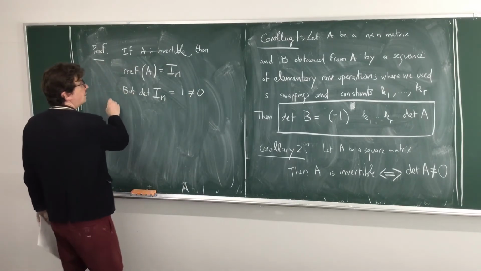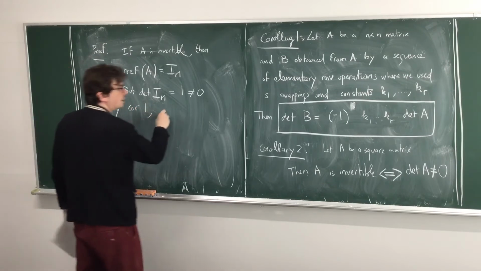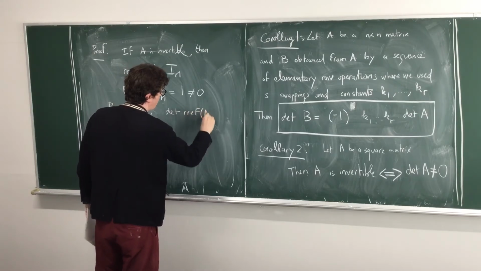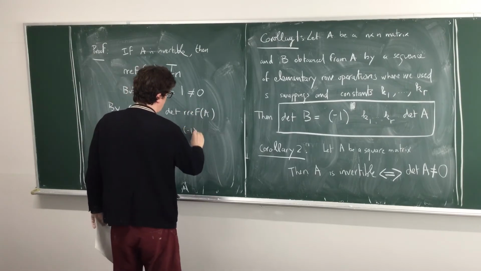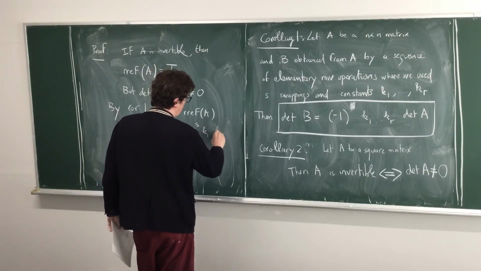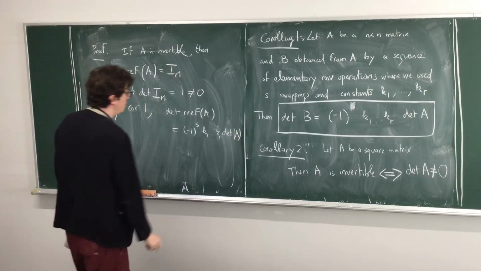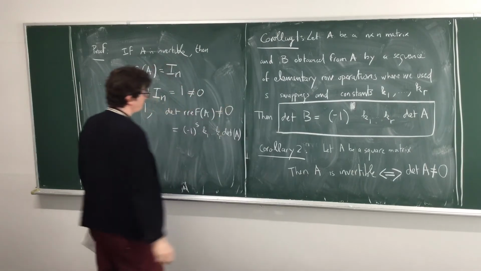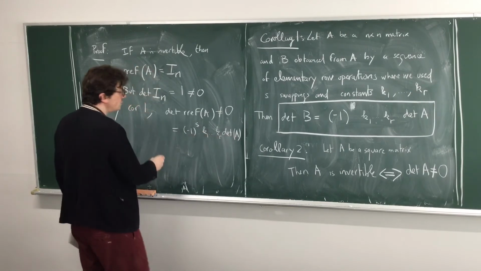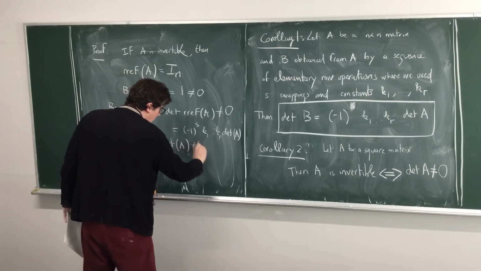But by corollary 1, we know that the determinant of the RREF of A will be -1 to the power of the number of swappings, times some constants, and times the determinant of the original matrix. So this will be non-zero. Therefore, we can deduce that all terms here are non-zero. In particular, the determinant of A is non-zero.